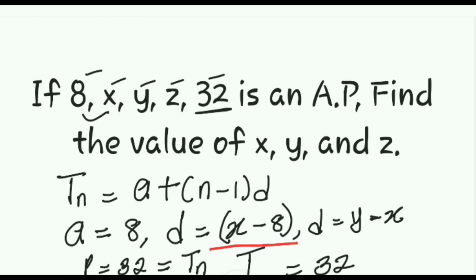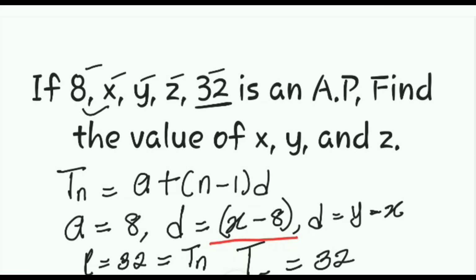Let's find the value of z now. To find the value of z, we can also say that our common difference d is 32 minus z, or you say the common difference is z minus y. The common difference is always the difference between consecutive terms.